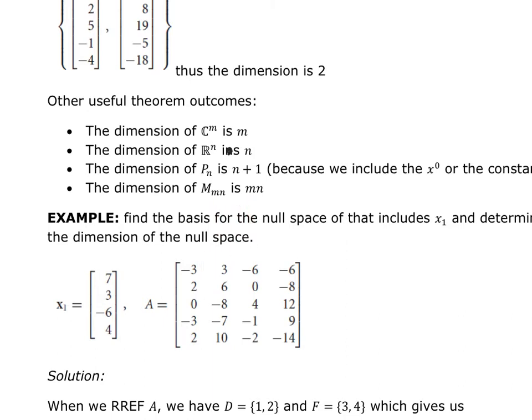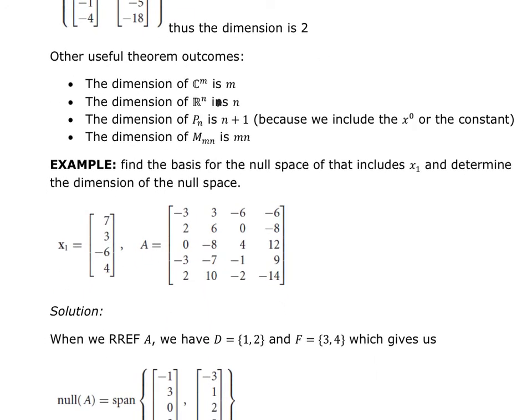If we want to find a basis for the null space, and then we're also going to determine the dimension of the null space. So the first thing we're going to do is put this matrix into a row reduced echelon form equivalent matrix.